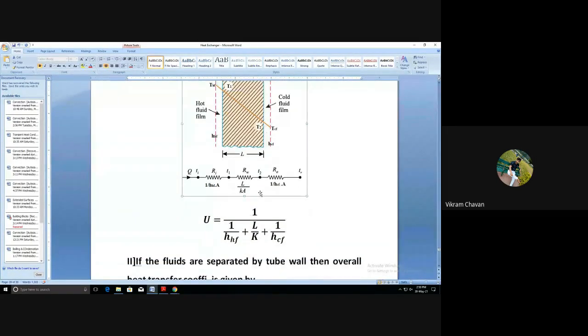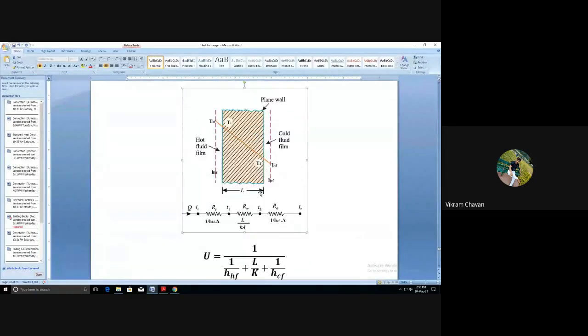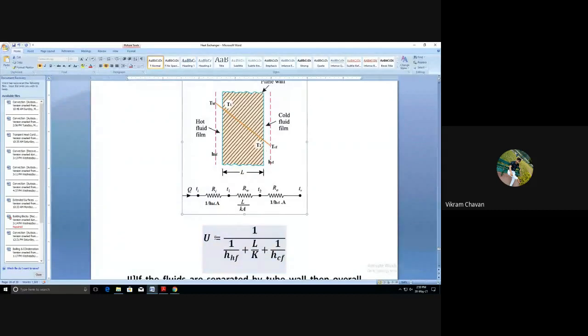And this particular case is used when the fluids are separated by the rectangular wall. Okay, if the surface area for the heat exchange is a rectangular surface area, then in that case, to calculate U or the overall heat transfer coefficient, you can use this particular formula.